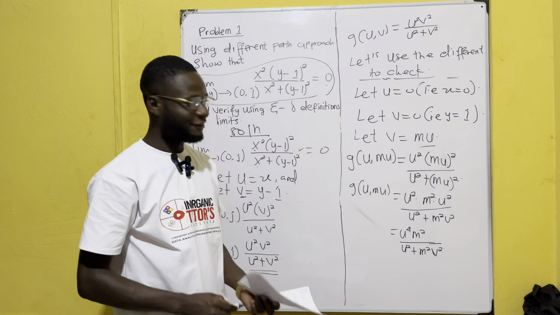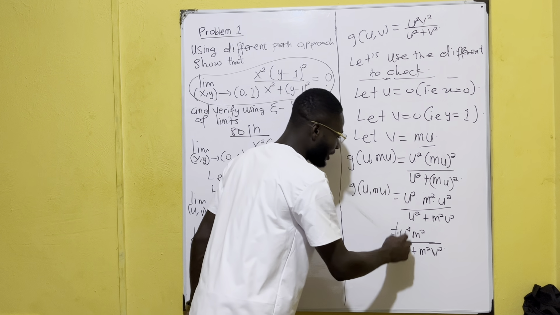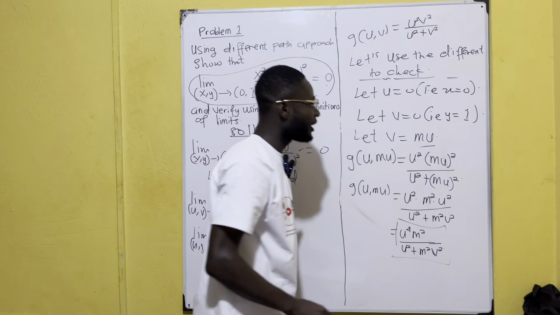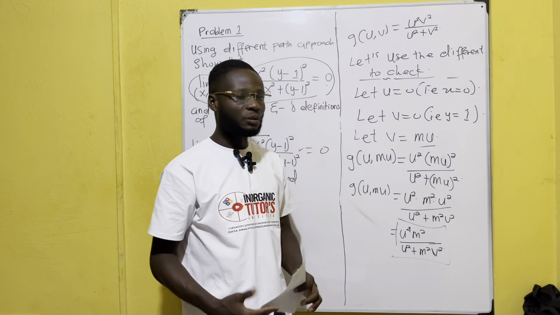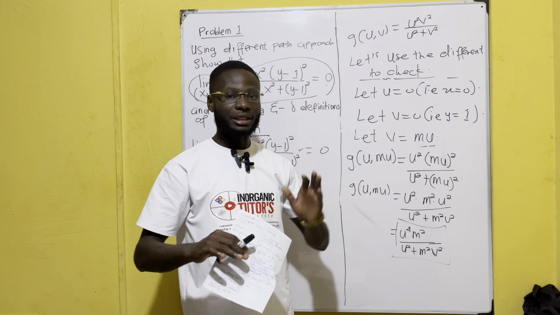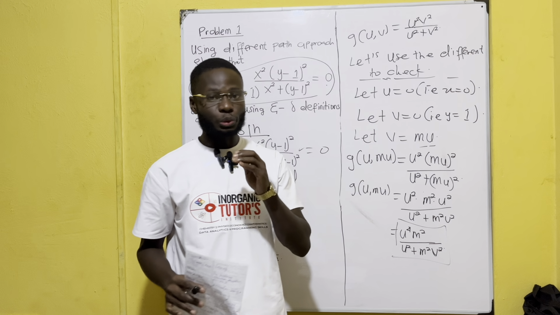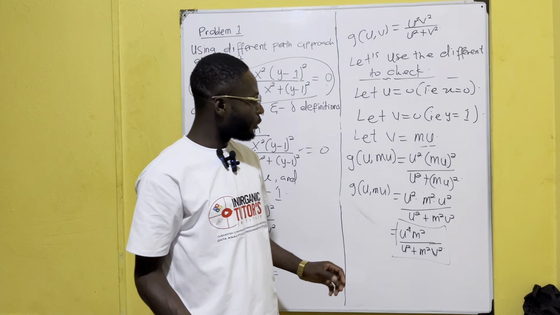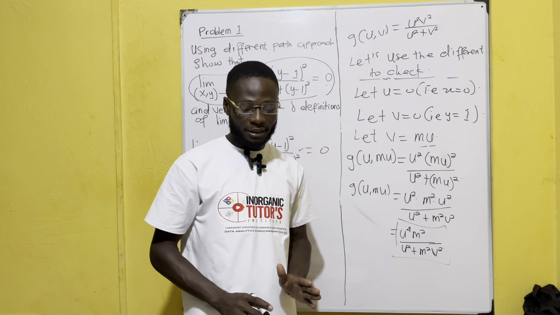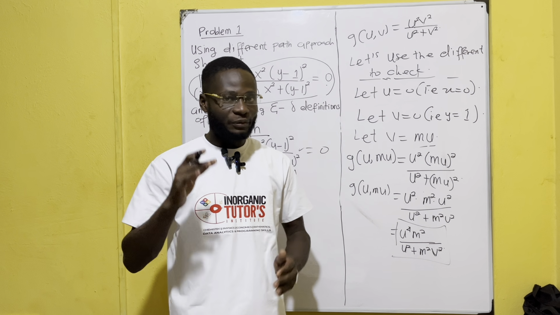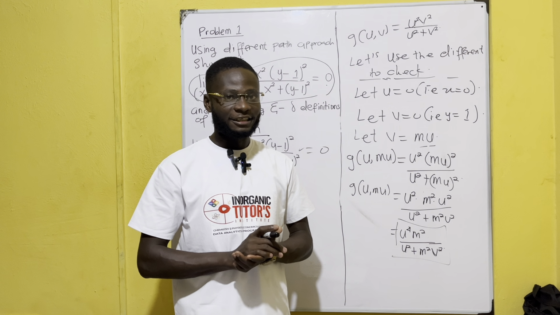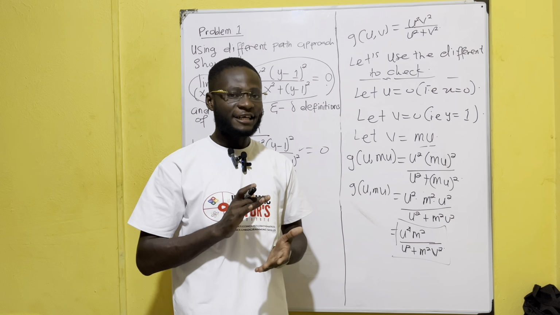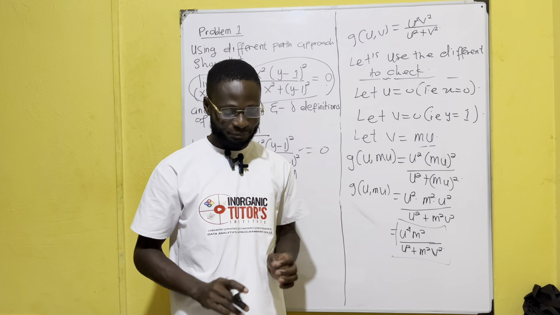Very beautiful one, of course. So this is what we have when v is equal to mu, a straight line through the origin. Once you get this concept, the rest is going to be very easy, because this is the different parts approach.